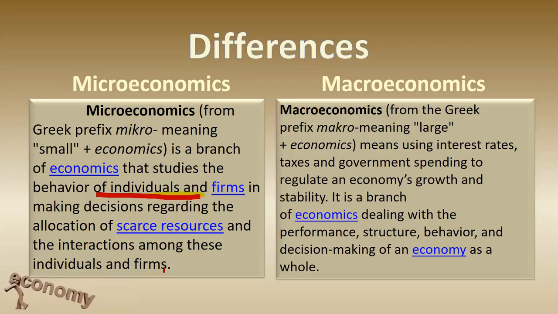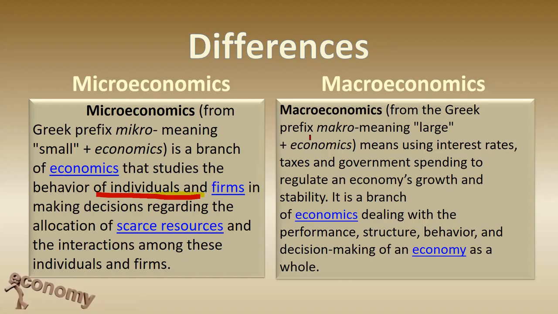Microeconomics studies the behavior of individuals and firms, how they make decisions, and whatever resources are available, those resources are scarce. That means we have so many wants, and the resources by which we fulfill those wants are scarce. So how we allocate those resources, that subject we are studying, is what we call microeconomics.